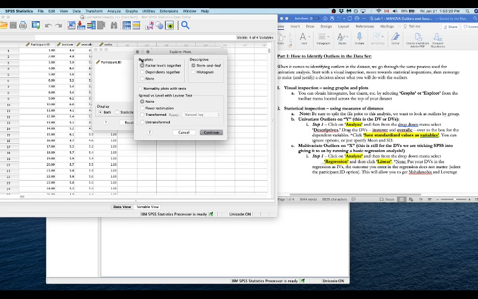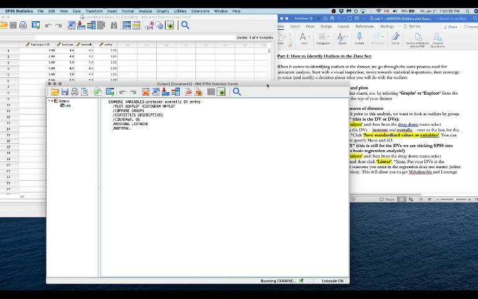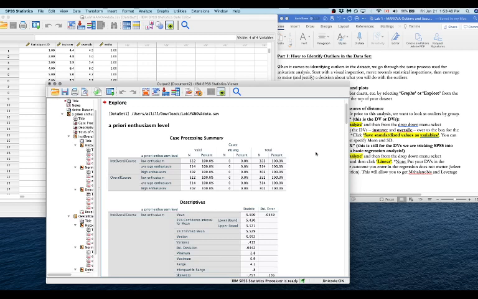Box plot is nice. Stem and leaf is gross. Histogram is nice, and might as well get the normality plots, though I think we'll get them again later. Normally I would paste, but just for right now, let's click OK. My computer is being slow, but I'm not going to edit this out for you, I'm sorry.